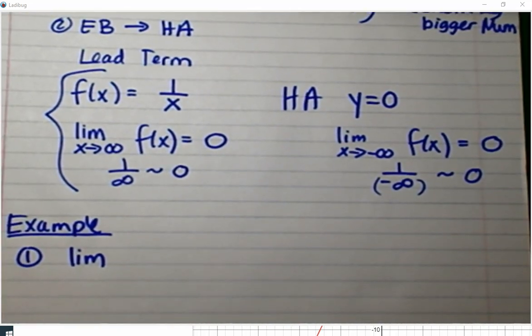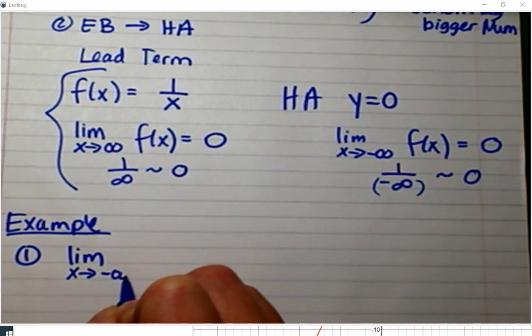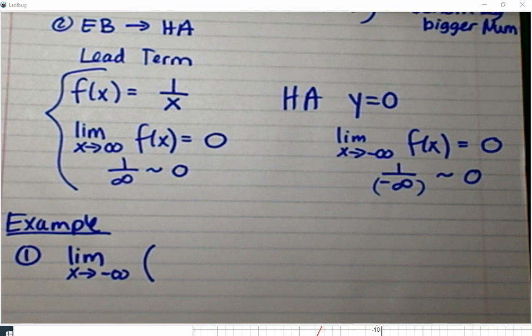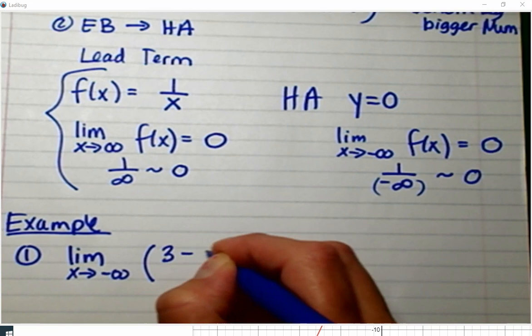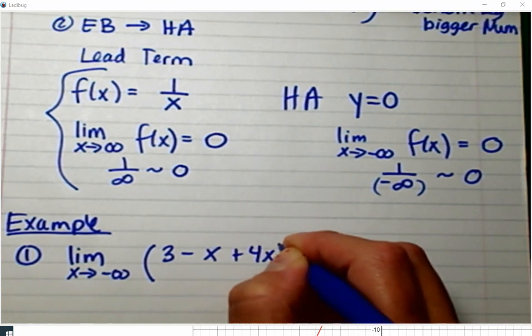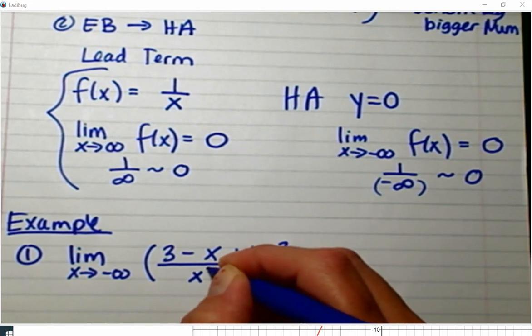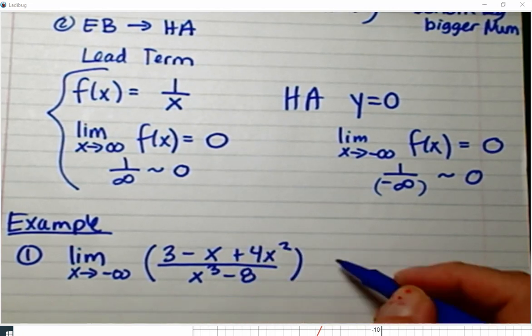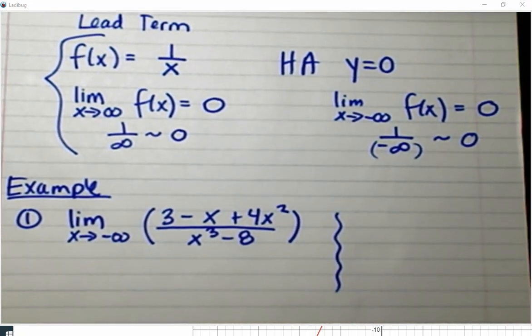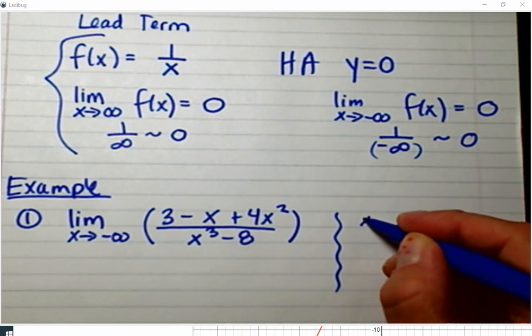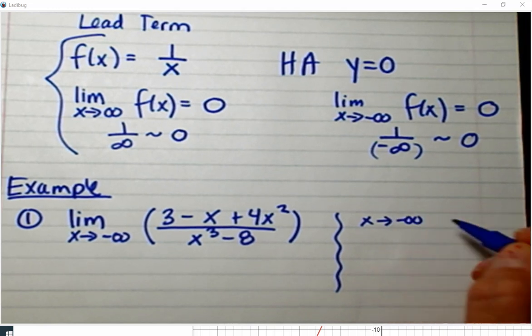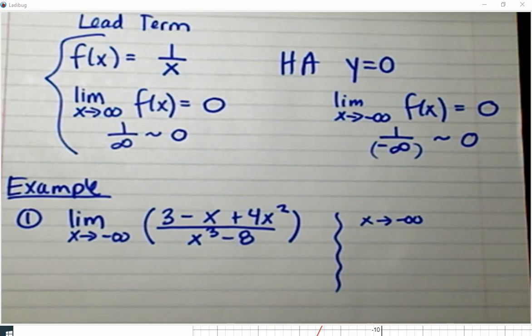There we go. As x approaches negative infinity, minus x plus 4x squared over x cubed minus 8. Okay. Not a lot of work. Here we go. X is going to negative infinity. I'm going through my little flow chart in my head. X is not a number. X is infinity. So this is end behavior.